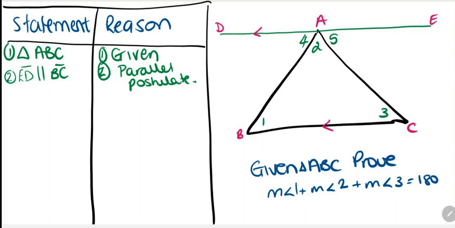We can also see that angle 4, so this angle here, and we've got angle 2 and angle 5. So we've got angle 4, angle 2 and angle 5.